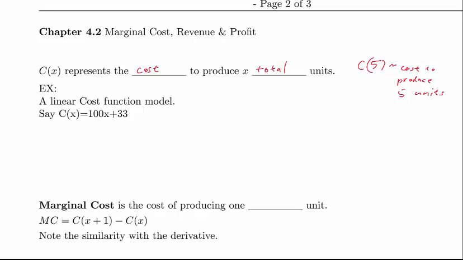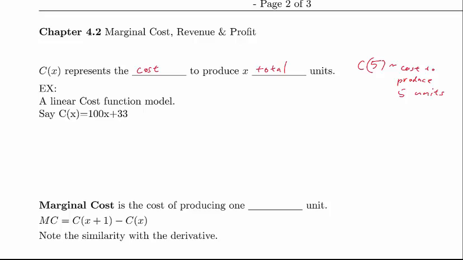So a linear cost function model would look like this. And it's worth noting, you might wonder where these cost functions come from. There are very different ways to come up with a cost function. For these linear methods, oftentimes they figure out what it typically costs at the highest to produce something and what it costs at the lowest on average, and then they just take the median between the two.